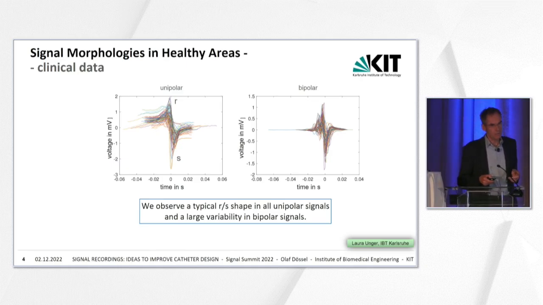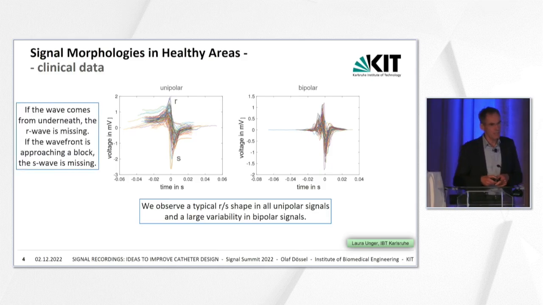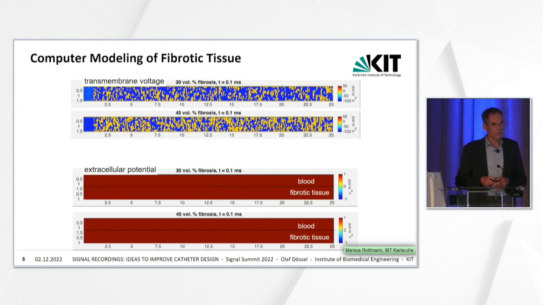We observe a typical RS shape in all unipolar signals and a large variability in bipolar signals. If the wave comes from underneath, the R wave will be missing. And if the wave is approaching a block or goes down into the tissue, the S wave is missing. So we can see a lot of interesting things in the unipolar electrograms. That has been pointed out already.